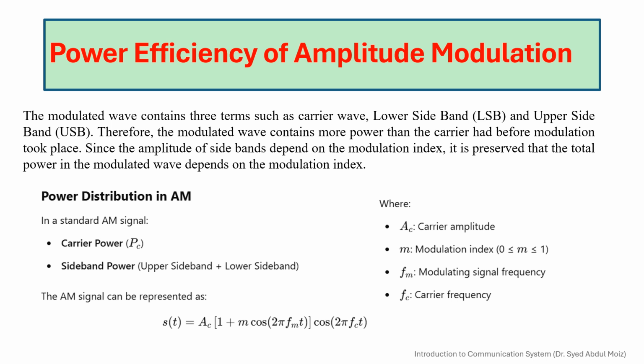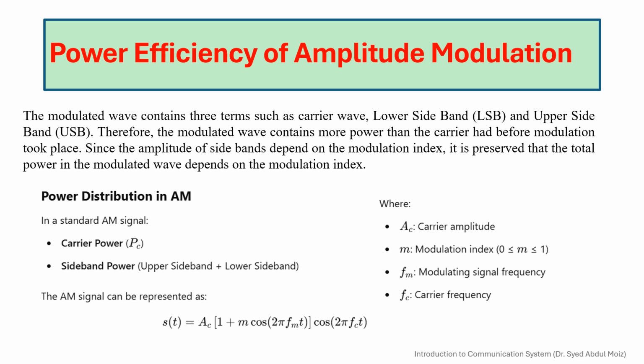Now we discuss how an amplitude modulated wave is formed and why its total power increases after modulation. In AM, the modulated wave is a combination of three components: the carrier wave, the lower sideband, and the upper sideband. The lower sideband is represented by LSB and the upper sideband by USB.